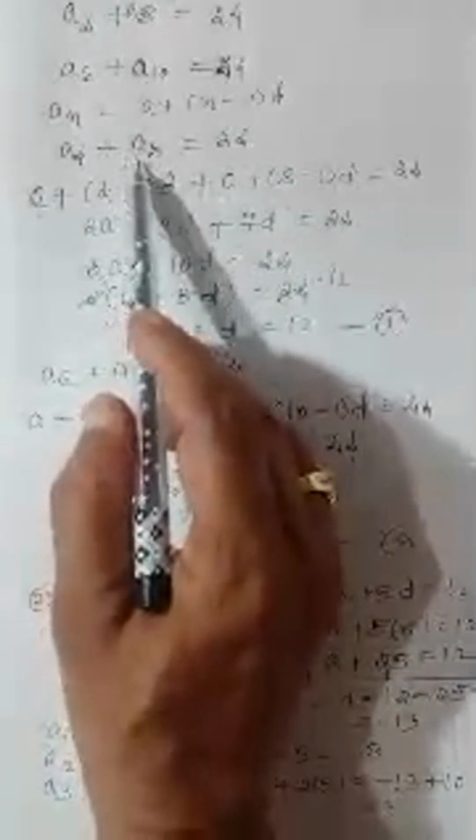A4 means a plus 4 minus 1 into d, plus a8. A8 means a plus 8 minus 1 into d, equal to 24. Here it becomes 2a plus 3d plus 7d is equal to 24. Adding 3d plus 7d, you are getting 10d. That is 2a plus 10d is equal to 24.